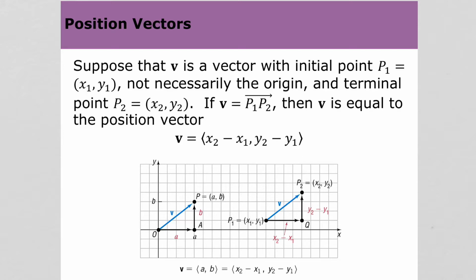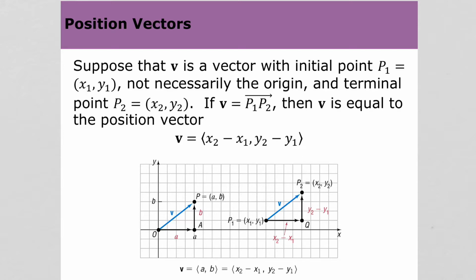So position vectors, it says, suppose that vector V has initial point at (x1, y1), not necessarily the origin, and terminal point (x2, y2).